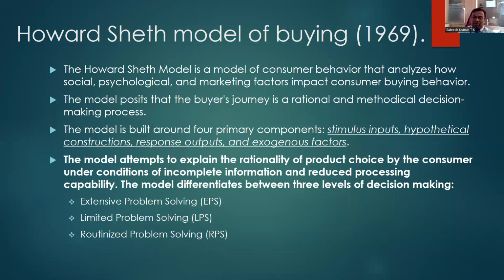The model attempts to explain the rationality of product choices by the consumer under the condition of incomplete information and reduced processing capability. In this case, the model comes into the picture.